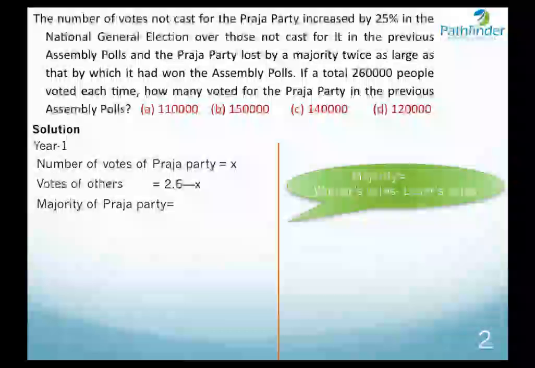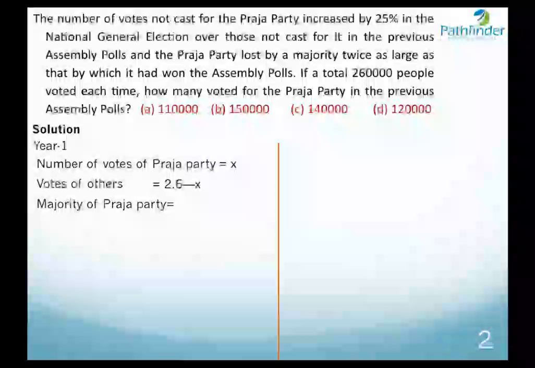So in this case, the majority of Praja Party can be calculated as X lakh, the votes earned by Praja Party, minus (2.6 minus X) lakh, which is the votes earned by the others. On simplifying this, we get 2X minus 2.6 lakhs as the majority of Praja Party.